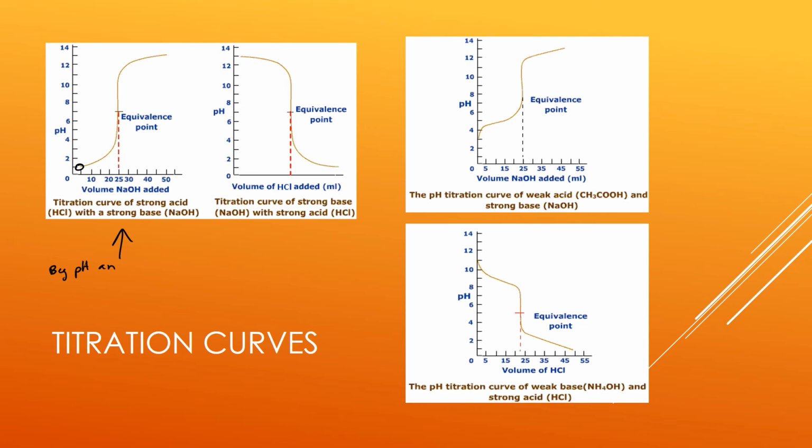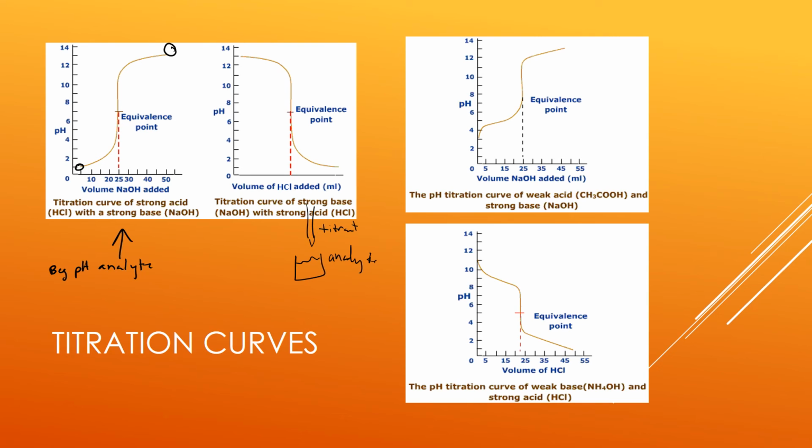And if you remember back from lab, our analyte is what's in the flask, and our titrant is what goes in the burette. So this is our titrant, and this is our analyte. The strong acid in this case is our analyte, and a strong base is our titrant.